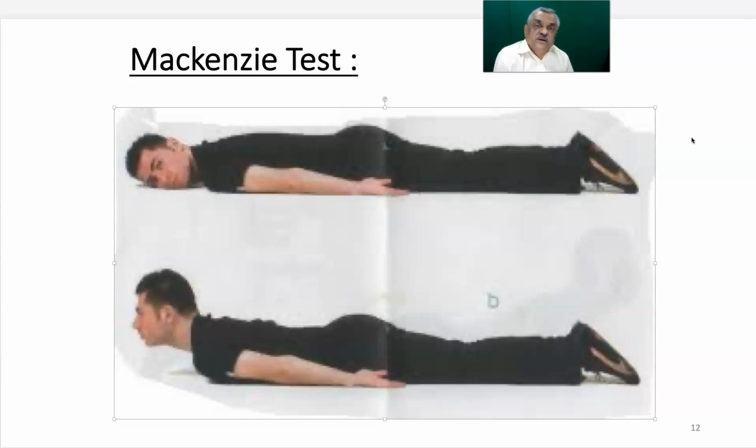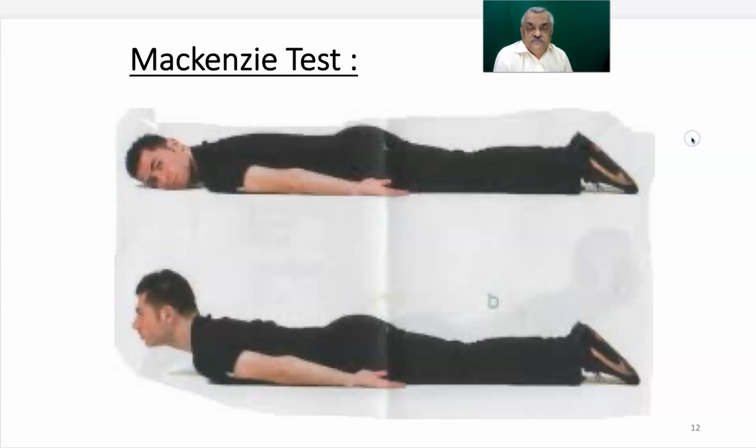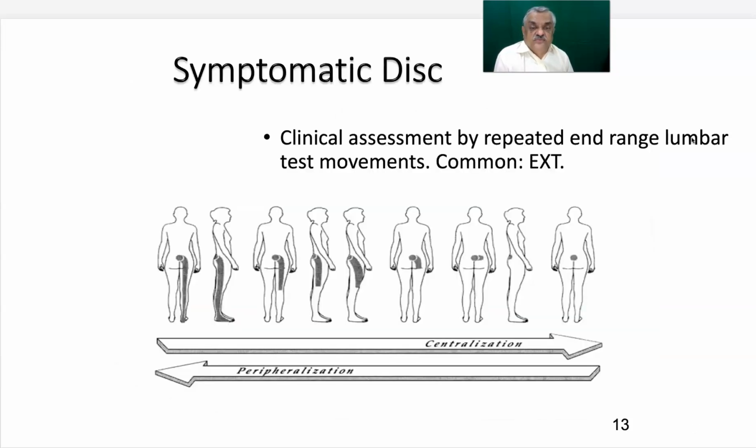Here we have to remember that our primary aim of treatment is to find out whether the pain is recoverable by natural means, and if yes, is it only chemical or mechanical, so as to keep a watch on those factors related to the pain. In case of Mackenzie's test, we are not supposed to raise the neck, we are supposed to raise the chest and not raise the legs either.